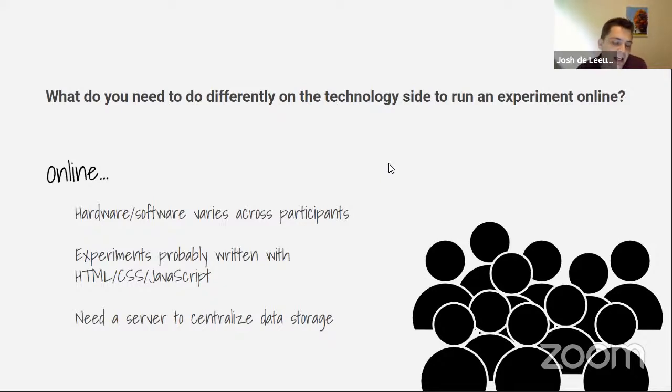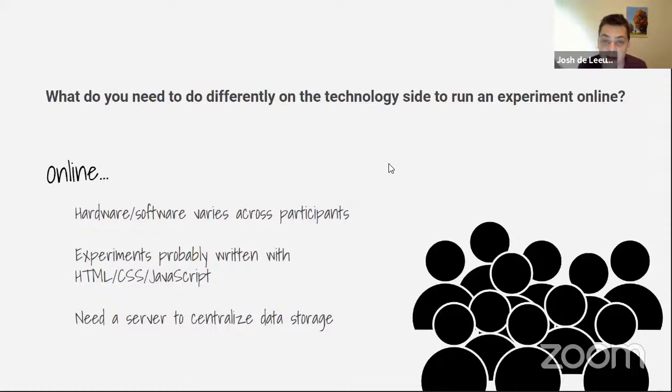And again, in contrast to running an experiment in the lab where you have all this flexibility in terms of the programming languages, experiments online are almost always produced with some combination of the 3 core languages of the web. These are HTML, CSS, and JavaScript. And I'm going to give a quick overview of those languages in a second. There are some recent packages, for example, that are allowing people to write experiments in Python, and they'll translate them to JavaScript.